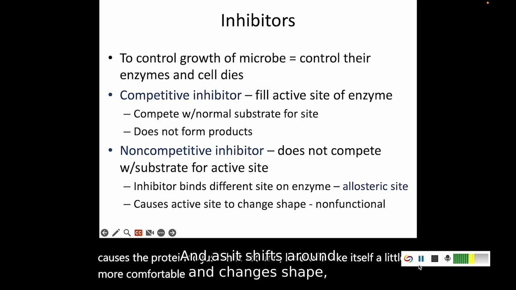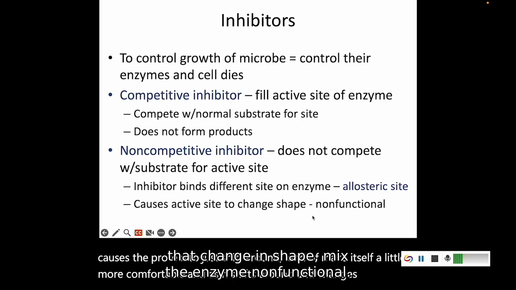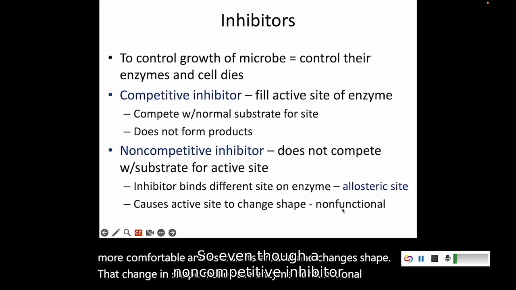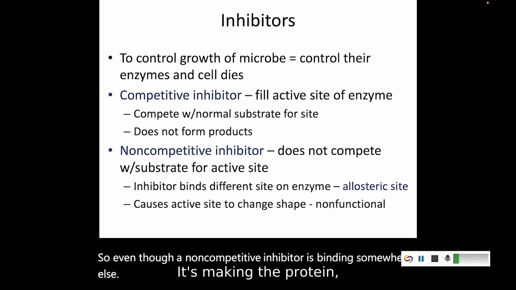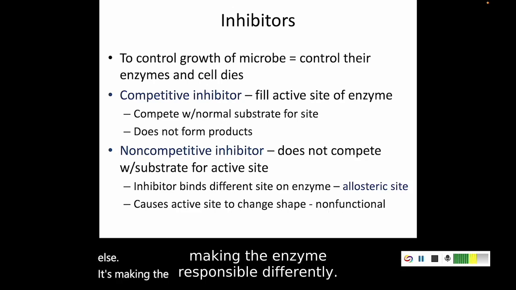And as it shifts around and changes shape, that change in shape makes the enzyme non-functional. So even though a non-competitive inhibitor is binding somewhere else, it's making the enzyme respond a little differently.